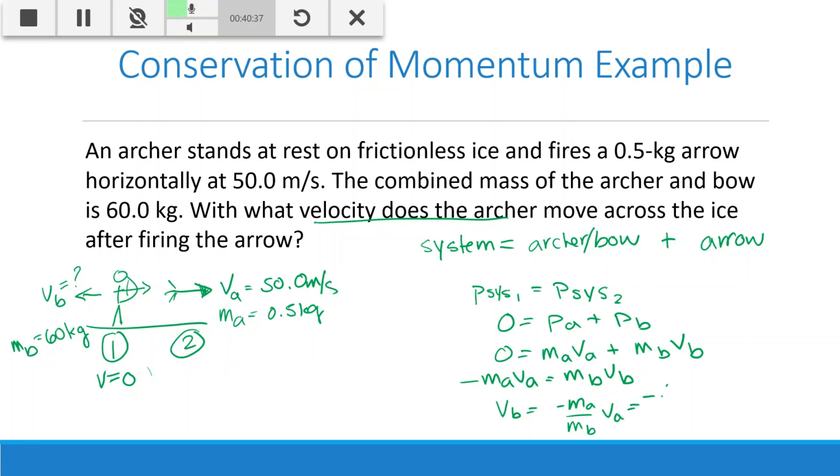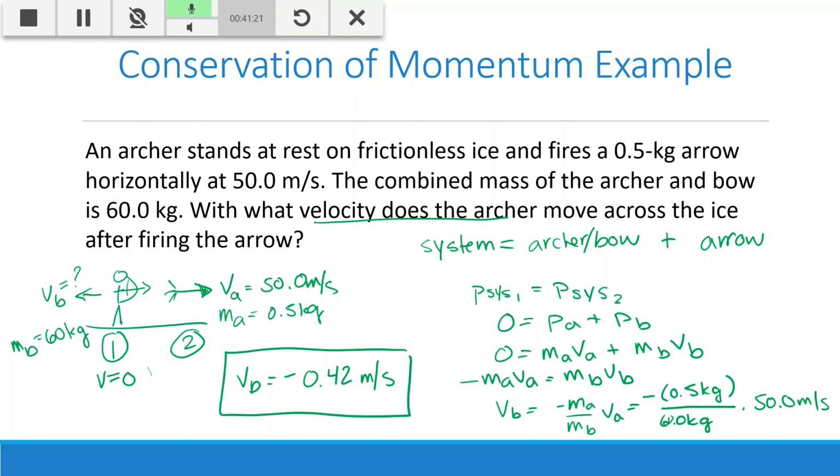We can plug in negative 0.5 kilograms divided by 60.0 kilograms times a velocity of 50 meters per second. Plugging that in gives us a velocity VB equal to negative 0.42 meters per second.